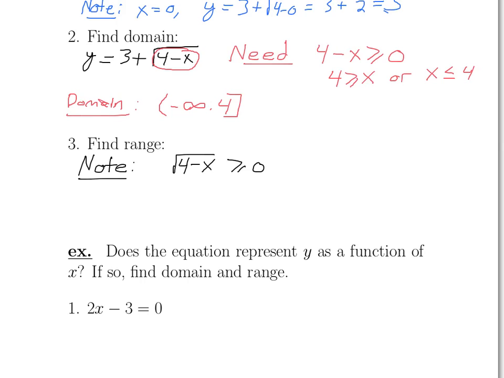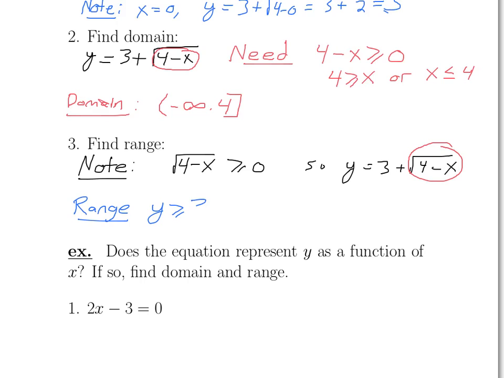So if we have y is equal to 3 plus the square root of 4 minus x, this part of it is always going to be greater than or equal to 0. So for our range, we see that y has to be greater than or equal to 3. So our range in interval notation is going to be 3 to infinity.